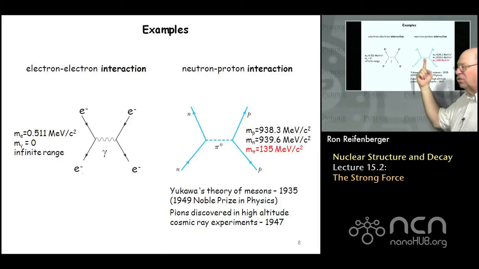And it's the exchange of this pi meson and the change in momentum exerted on these two particles that produces an attractive force that causes these two particles to be attracted towards one another. This whole idea was developed in 1935 by a Japanese theorist by the name of Yukawa.